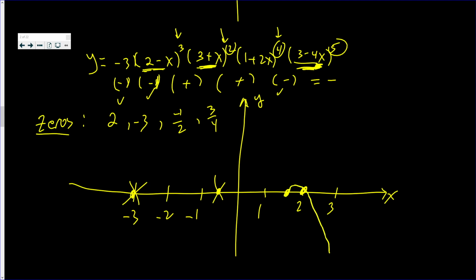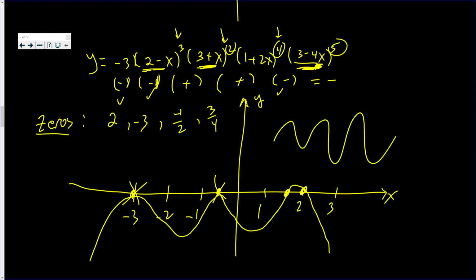It comes back down. It only goes up to touch at 1/2, just a touch. Comes down, goes back up to touch -3. Like I said, all we're doing is drawing things like that. And that is the graph. Again, the only thing that we may not have right is maybe this should have gone a lot lower.